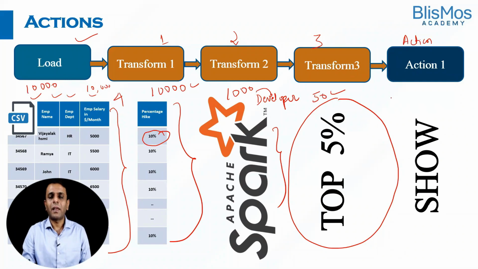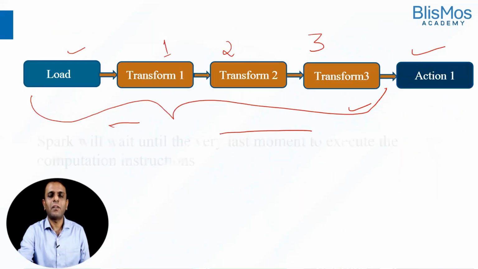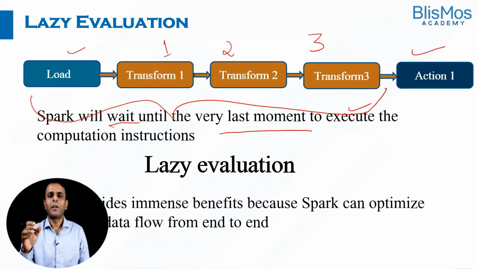Around 50. At the end of the transformation 3, we need only 50 records. If the Spark would have gone ahead and applied the transformation at each stage, it would be unnecessarily wasting the resources, because what the final user needs is only these 50 records. Because of the lazy evaluation, a lot of time and resources are saved.